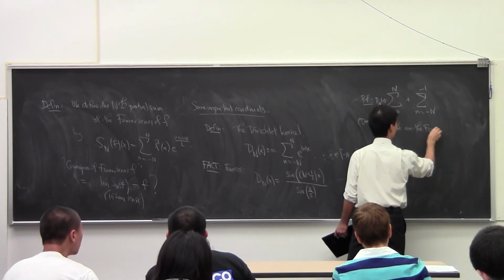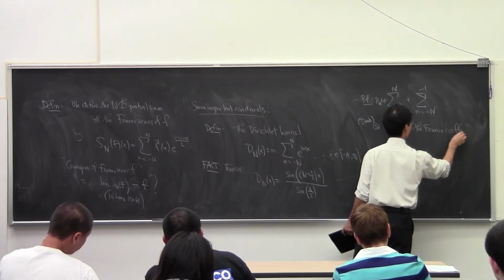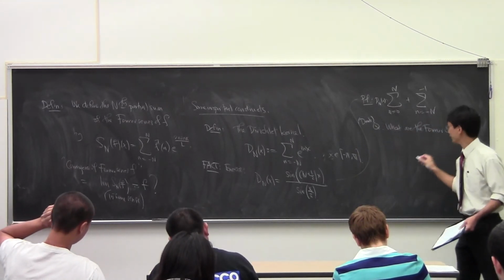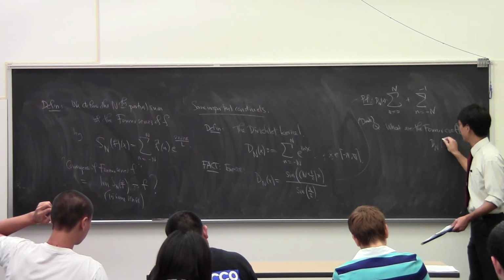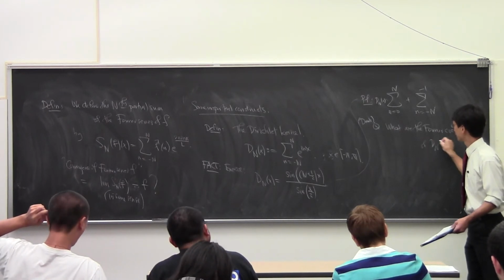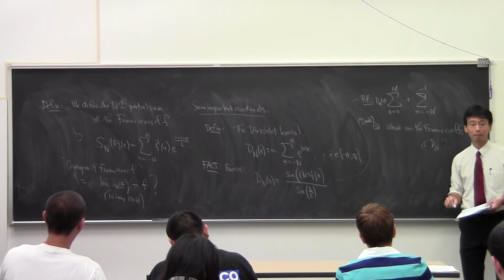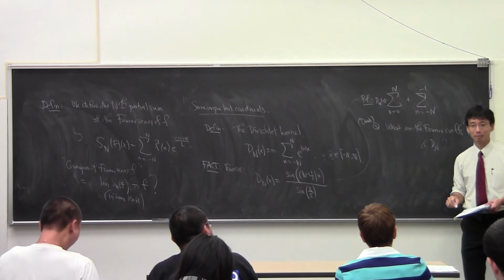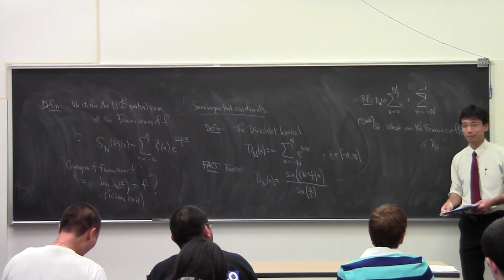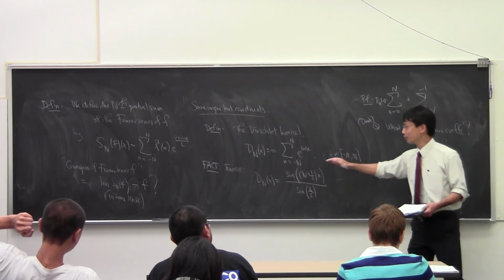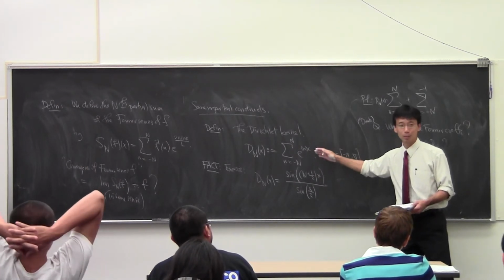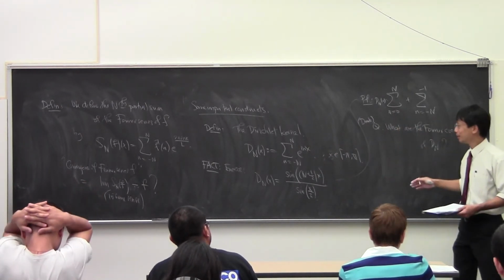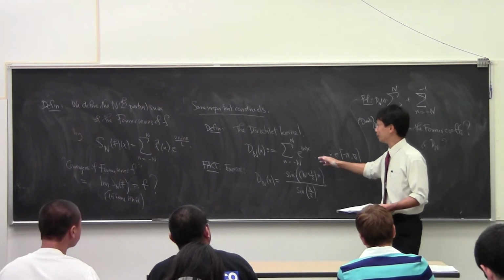What are the Fourier coefficients of the Dirichlet kernel? They're going to be 1 between negative N and N, and 0 otherwise. You see it, right?